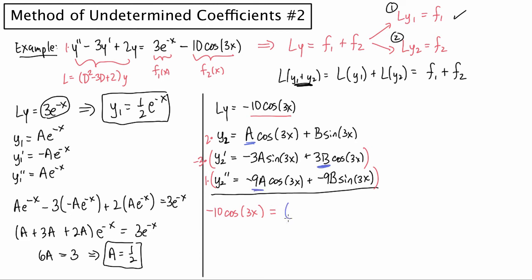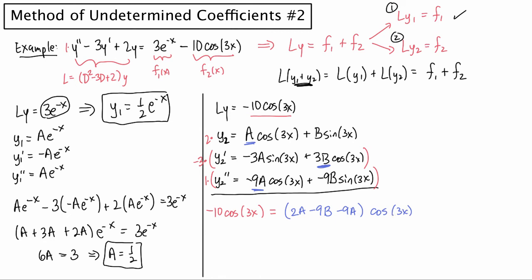So let's put those all together. I've got a 2a from this piece. I've got a minus 3 times 3b, so that's a minus 9b on that piece. And then down here at the bottom I've got a 1 times minus 9a, so it's minus 9a cosine of 3x.